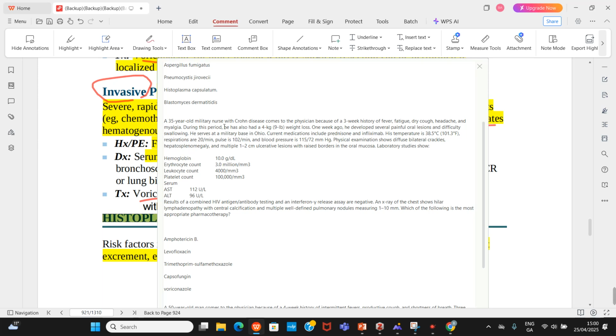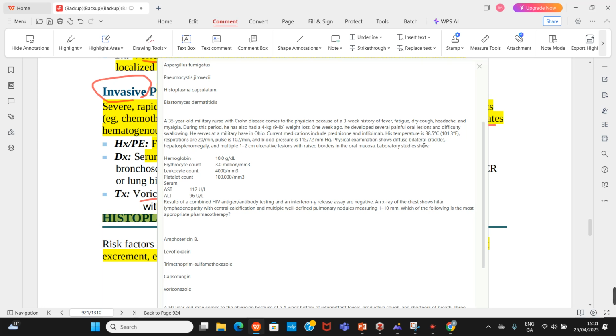A 35-year-old military nurse with Crohn's disease comes to the physician because of a 3-week history of fever, fatigue, dry cough, headache, and myalgia. During this period, he also had 4 kg weight loss. 1 week ago, he developed several painful oral lesions and difficulty swallowing. He served at a military base in Ohio. Current medications include prednisone and infliximab. Temperature is 38.5. Vitals are okay.